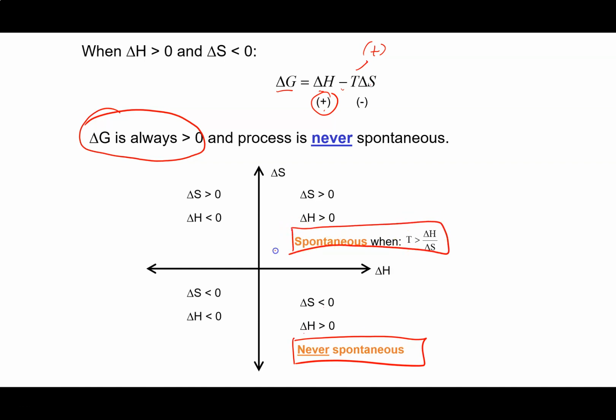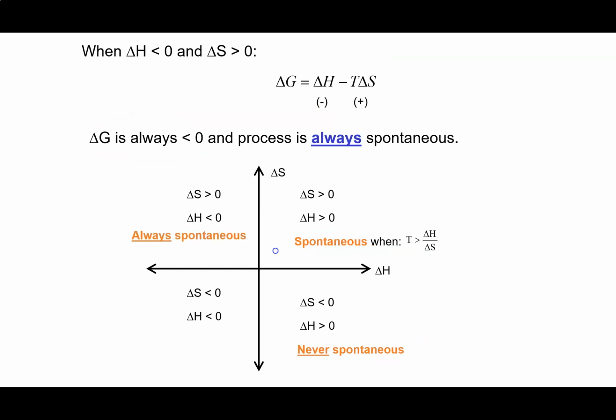Okay, let's keep moving on and look at the next quadrant. What about if delta H is less than 0 and delta S is greater than 0? So in this case, we've got delta H being a negative number, and then T is always a positive number, and delta S is positive.